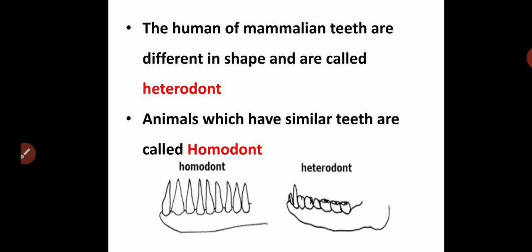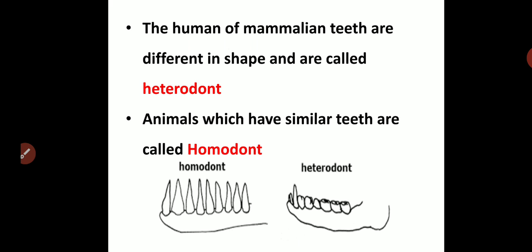Then coming to the types of teeth based on food habits. If an animal has similar types of teeth, all the teeth are similar, then it is termed homodont. You can see in the diagram the homodont where the shapes of the teeth are all the same.